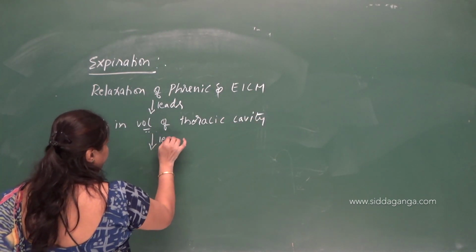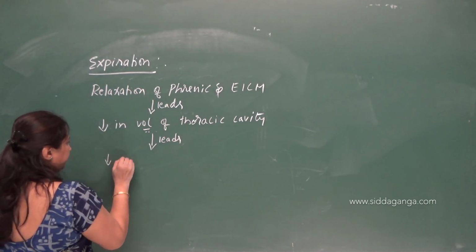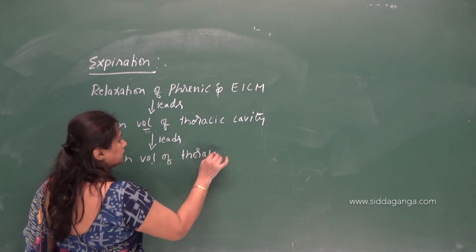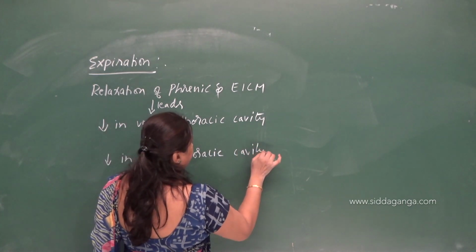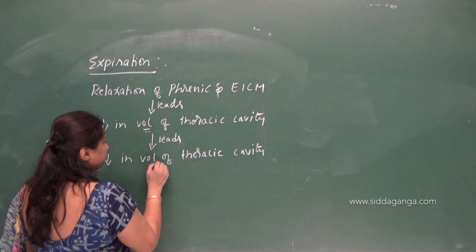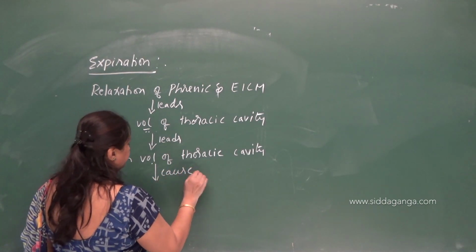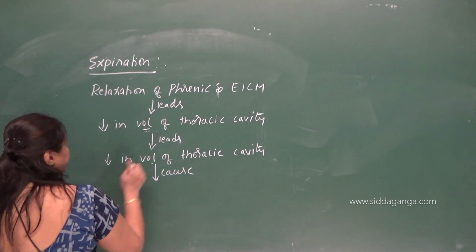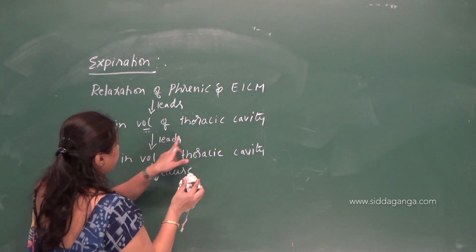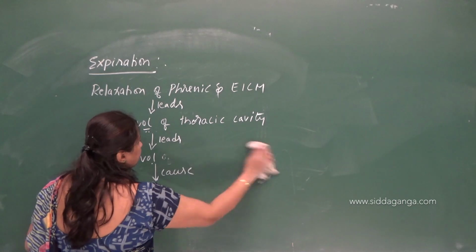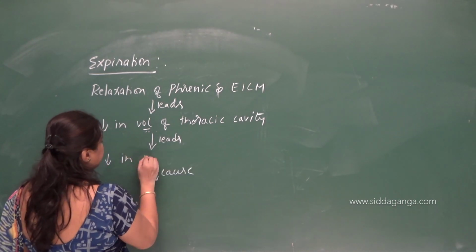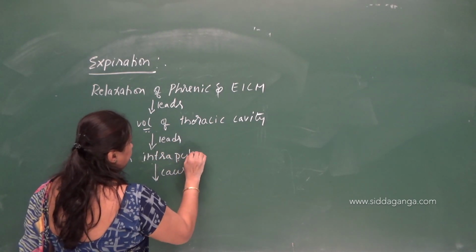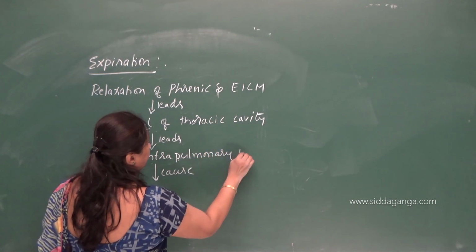The decrease in the volume of the thoracic cavity leads to a similar decrease in the intrapulmonary volume.